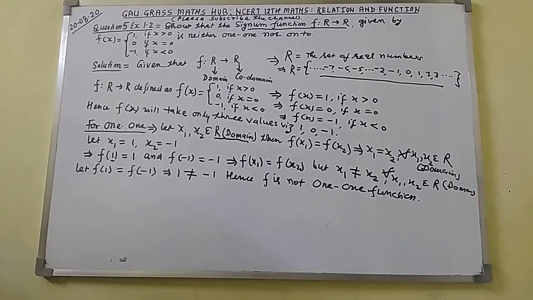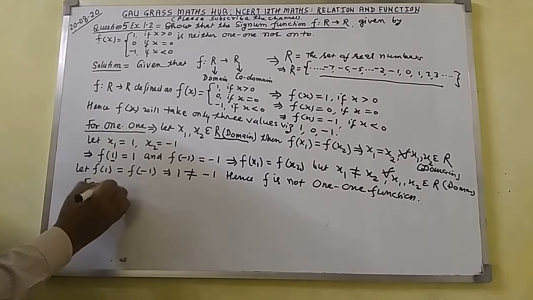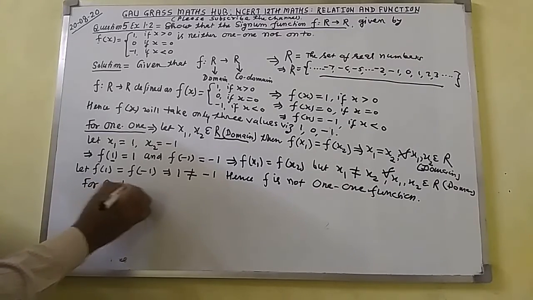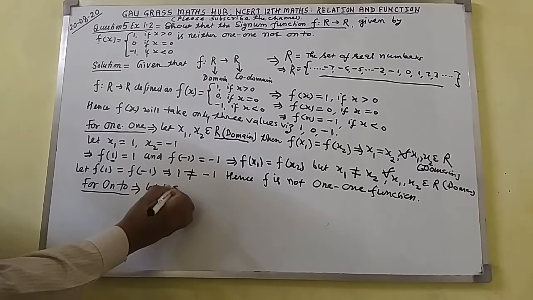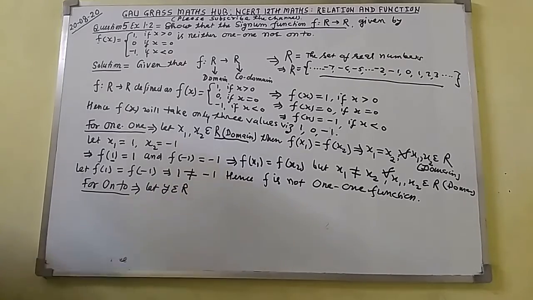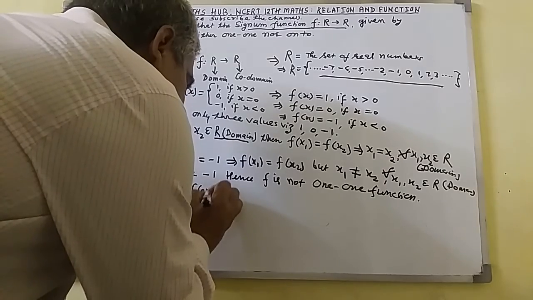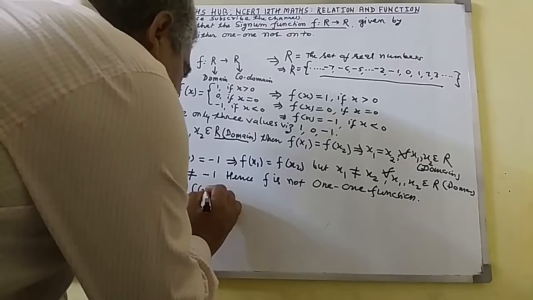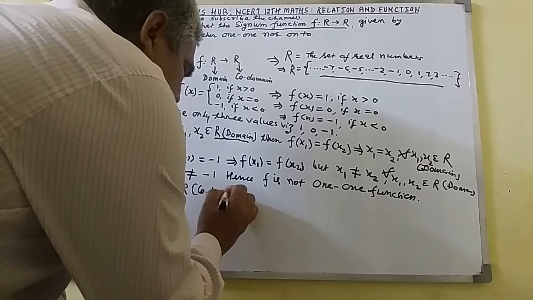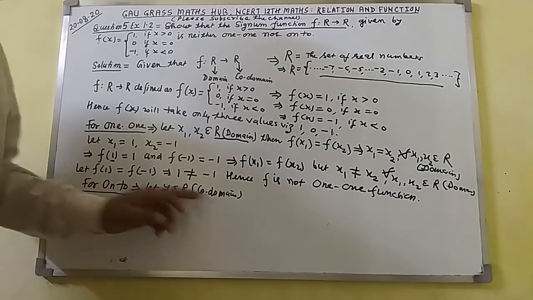Now come to the next, for onto function. For onto implies that let y belong to capital R codomain.